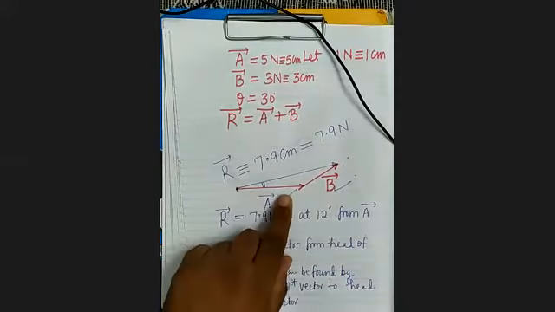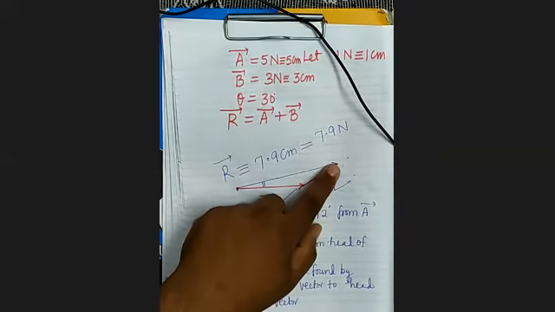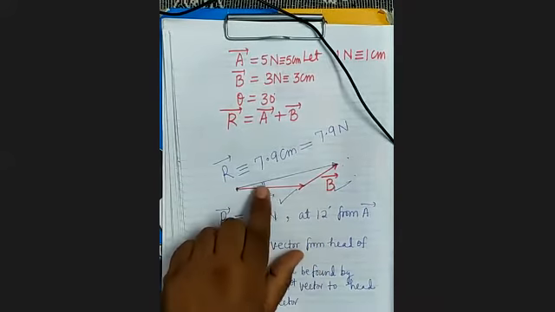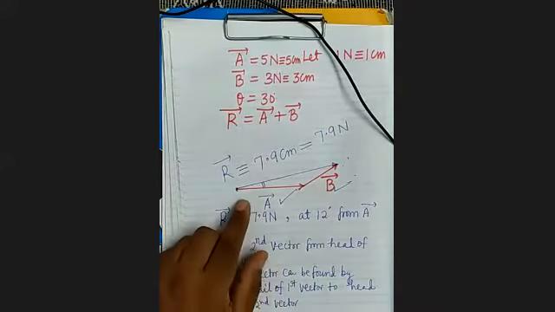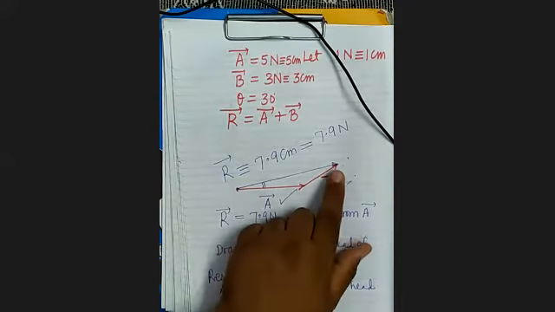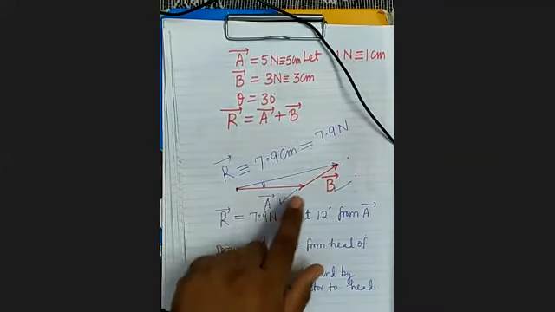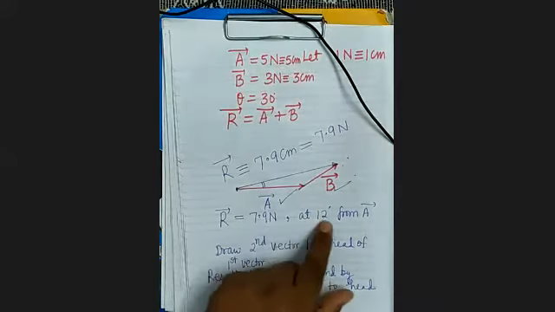Then from the head of the first vector, draw the second vector in the relative direction, with respect to this direction. What will be the resultant? It can be obtained by joining tail of first to the head of last. It is representing the resultant of these two vectors in magnitude as well as in direction.